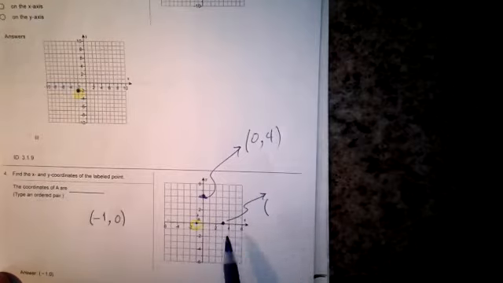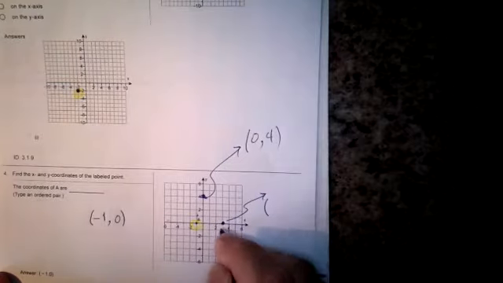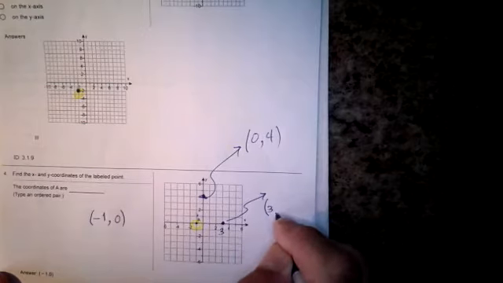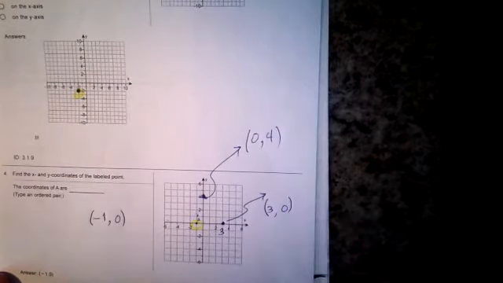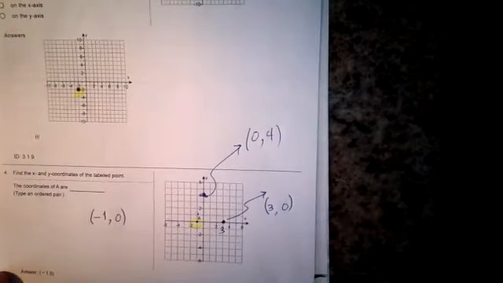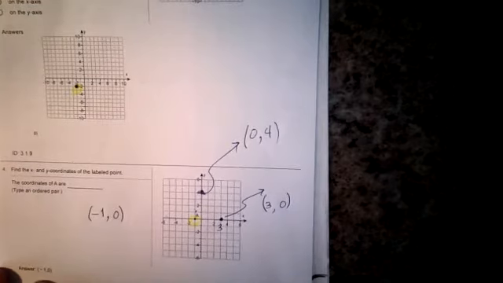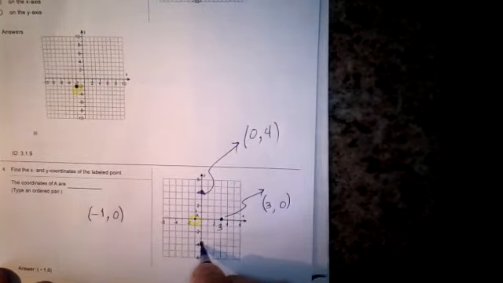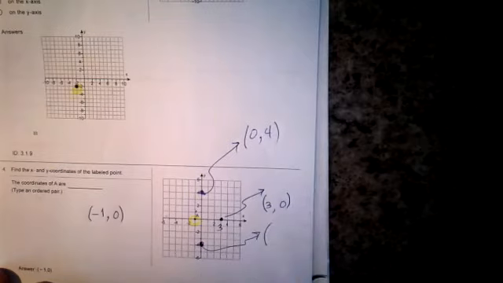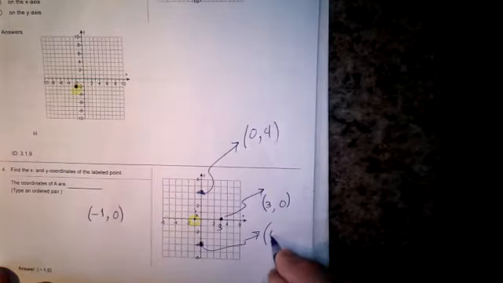It is on the x-axis, so x is 3, but it doesn't have any y. How about this point? It lies on the y-axis. It doesn't have any x. X is 0, and y is -4.